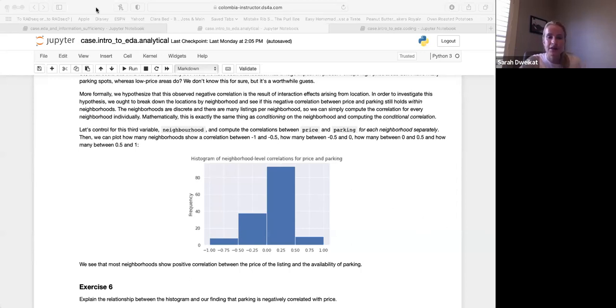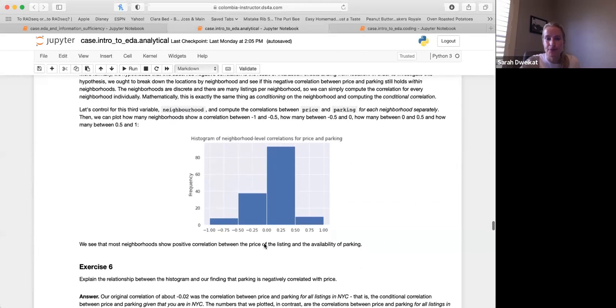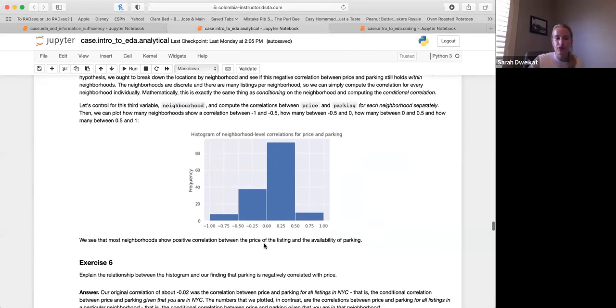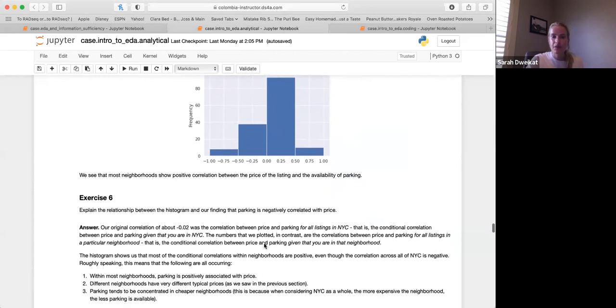What we want to think about is that, overall, the reason we see that overall trend is that there might be more listings in these neighborhoods where it is negatively correlated.